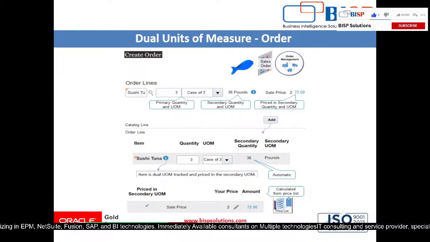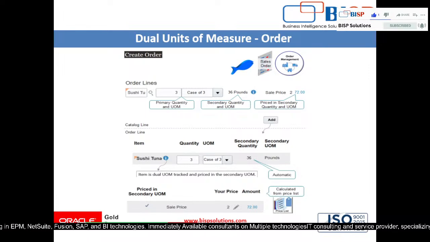You can set this order line, right? So in our procurement application, we have already seen how to create the purchase order. So in that purchase order, you can see this item as a dual unit of measure, right? In the same way, while creating the sales order in our order management, you can also see this dual unit of measure while selecting this st underscore fish item, right?